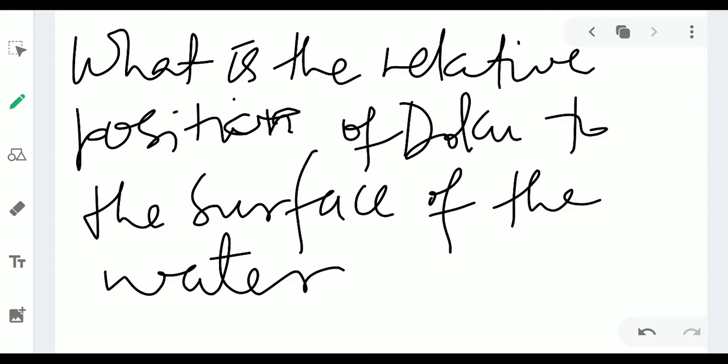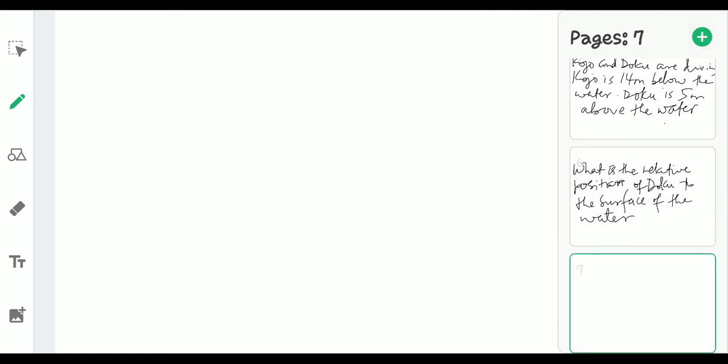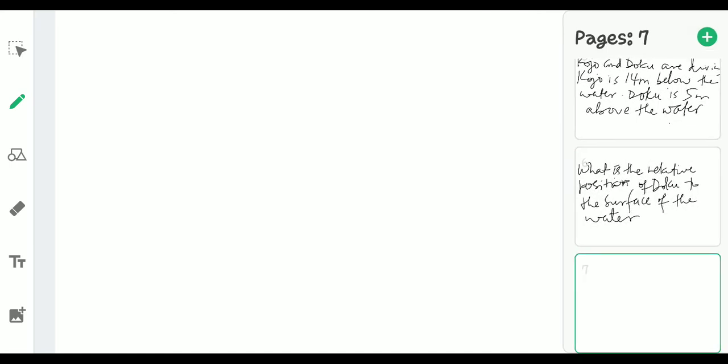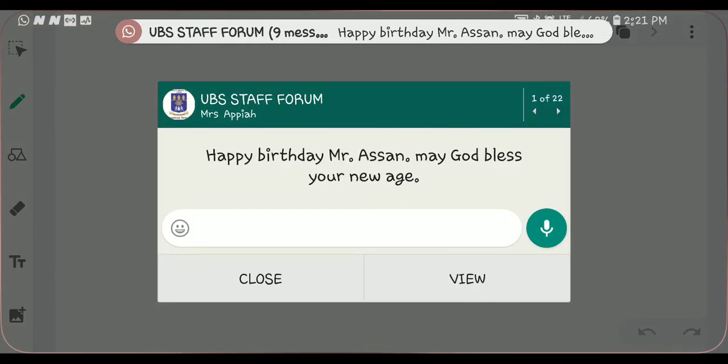This is just simple. In this question, they are asking you to find the relationship of the two people in respect to the surface of the water.